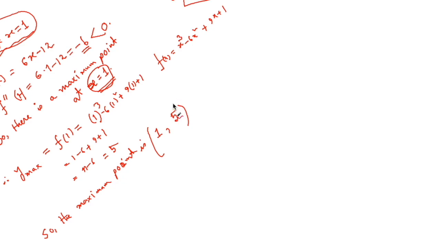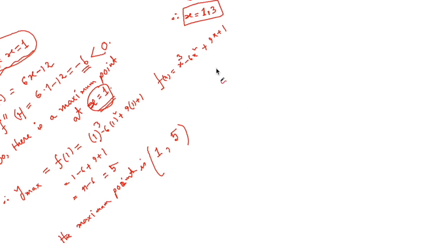Okay, similarly at x equal to 3, check f double prime at x equal to 3. It is 6 into 3 minus 12, which is 6, positive 6. So what is the answer? Minimum, sir.